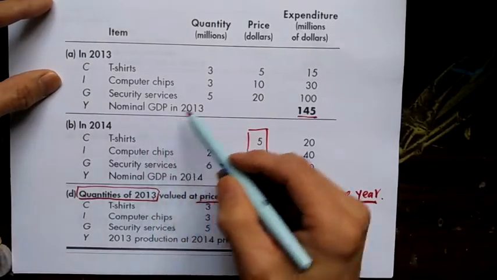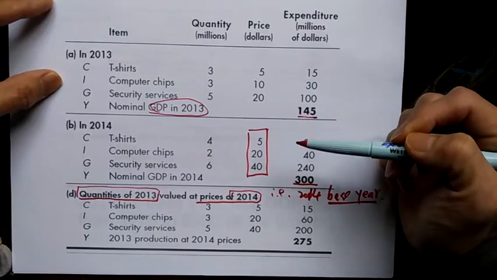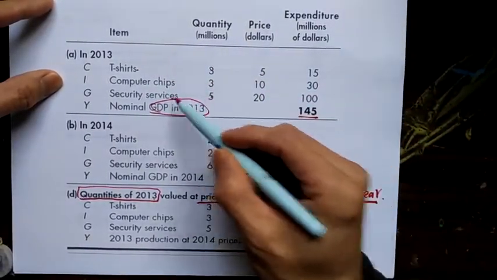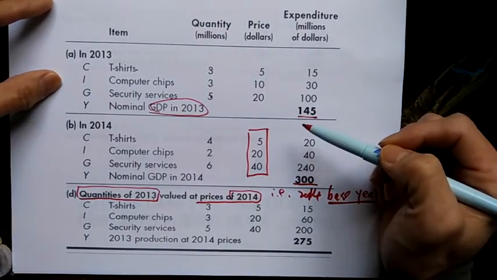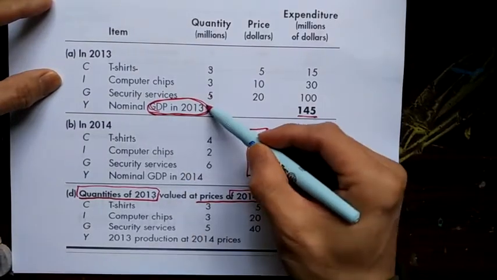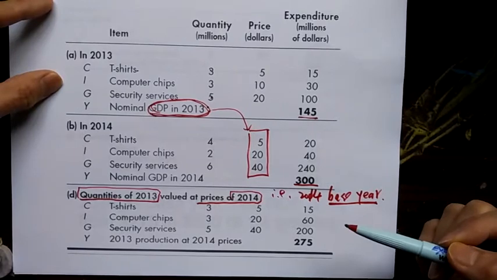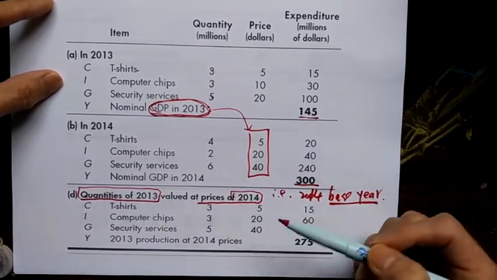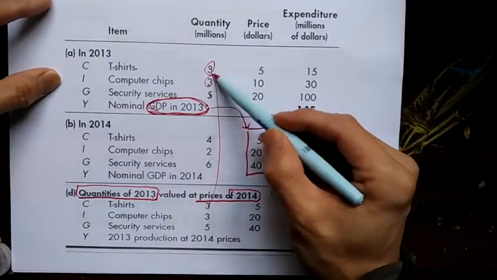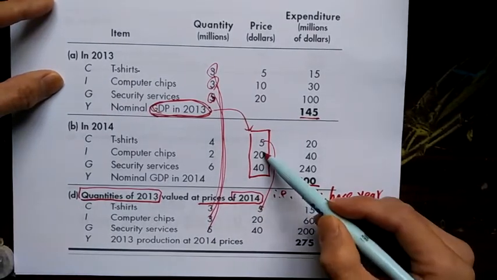Therefore, what is the production in 2013? Again, the answer is 3 shirts, 3 chips, 5 services. Then what is the production in 2013 valued at the price in 2014, the base year? The answer is 3, 3, 5, and then we use this price.